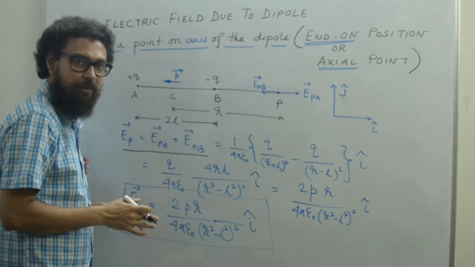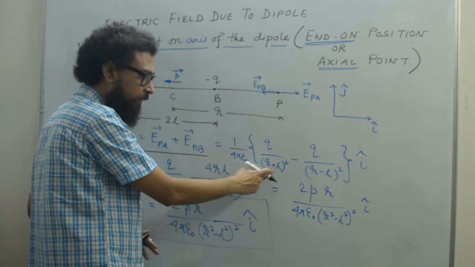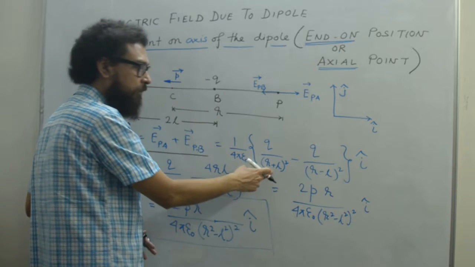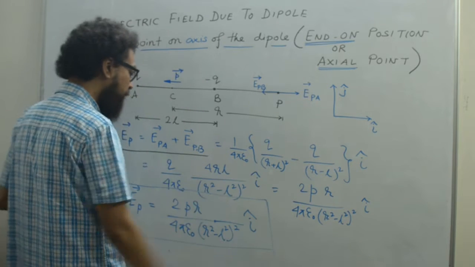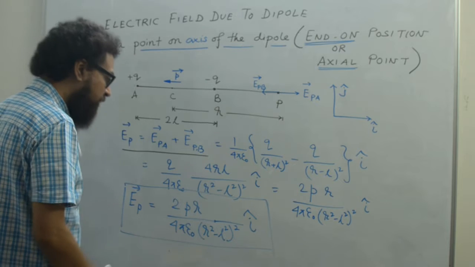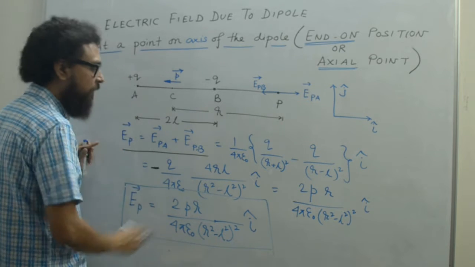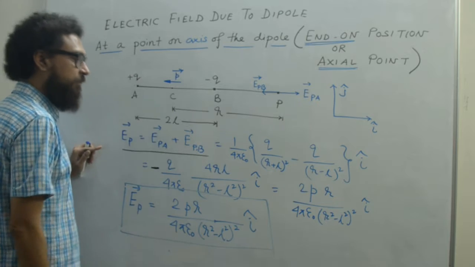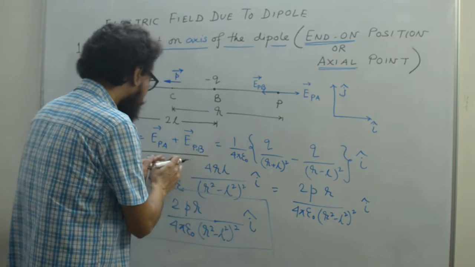So what is it going to come? This plus this is 2R, and this minus this is minus 2L. Very good. So we have a negative here, because this is negative. No issue. 4 RL Q.